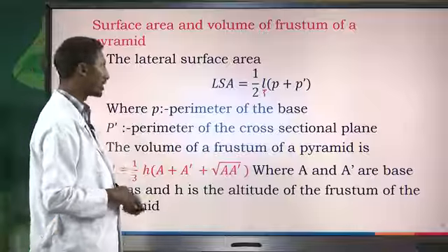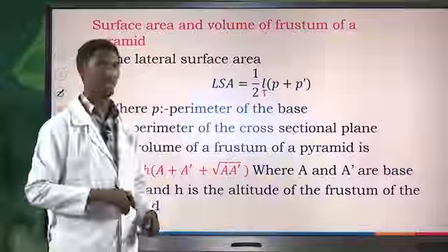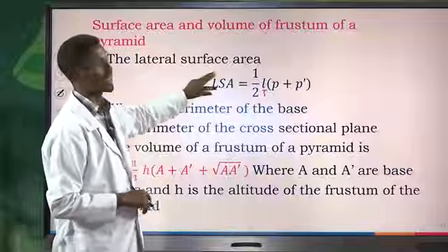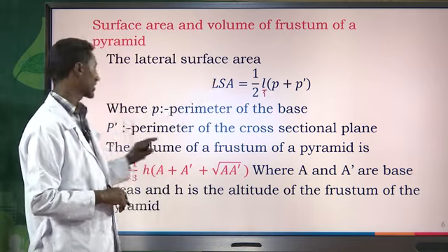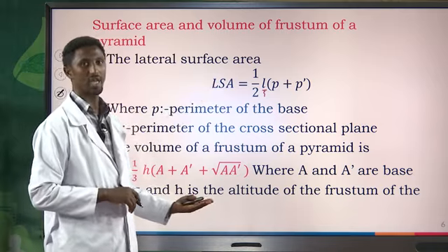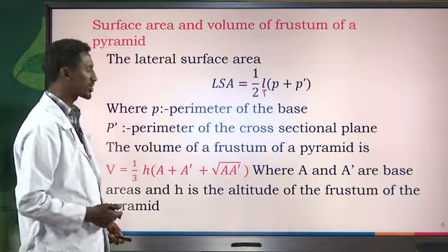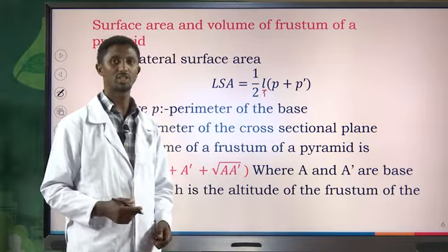Also, the total surface area of a frustum of a pyramid equals the lateral surface area plus the area of the two bases, the lower base and the cross-sectional base. So let's look at examples here.